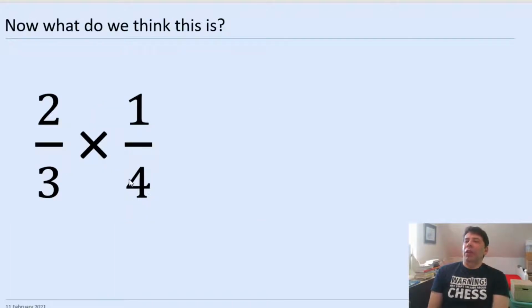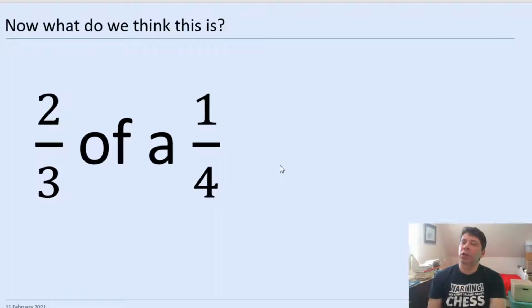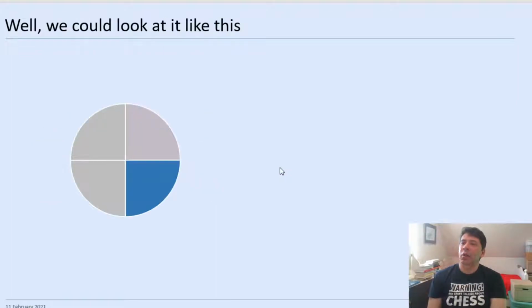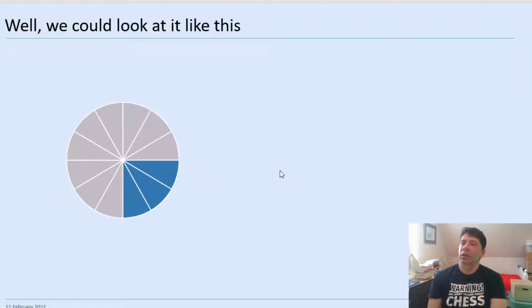Okay, let's do another. 2/3 times 1/4. If you want to, please just pause the video while you're thinking about these, or just watch it. It's totally up to you. 2/3 of 1/4. Here's the quarter broken into thirds, and the whole thing is broken in the same way.